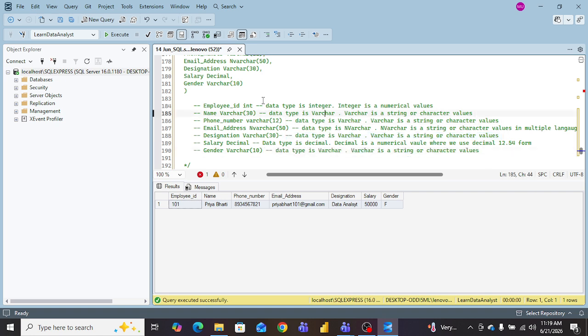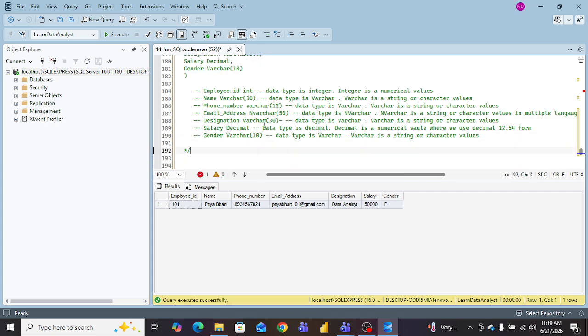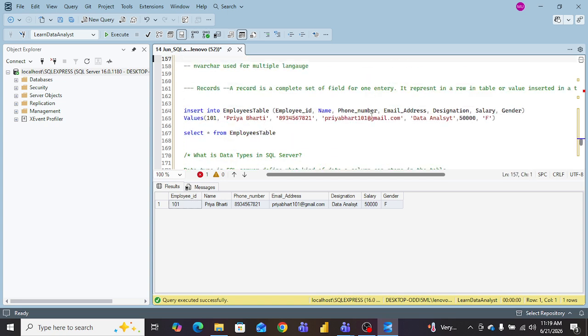So these are the data types. That's why we inserted the records here accordingly. For an integer value, there is no need for single quotes, but for characters or strings, which means varchar, we need to close the quotes. This is also varchar, close the quotes. This is NVARCHAR, close the quotes. This is also varchar.